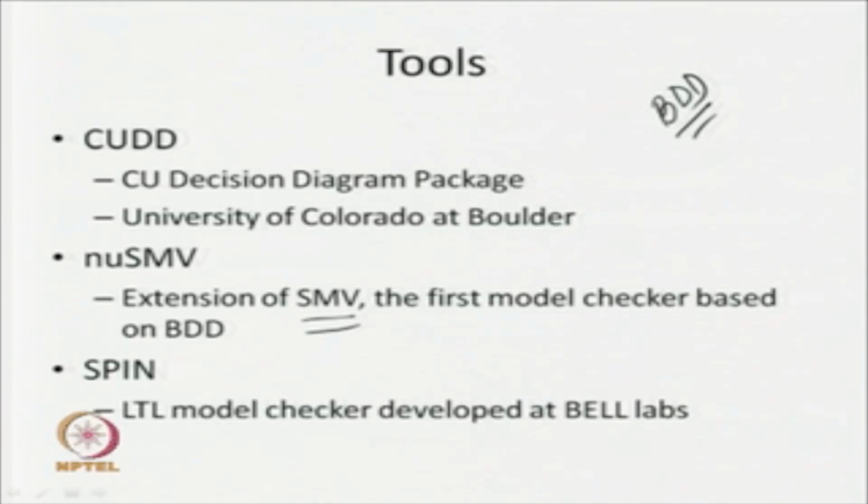During his tenure at CMU, he developed SMV. Now it has some modifications and extensions and was released as NuSMV. Here they use BDDs to represent the entire system. With the help of this, we can model our system and verify properties. It handles fairness also.